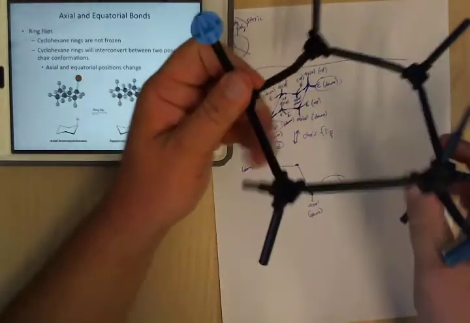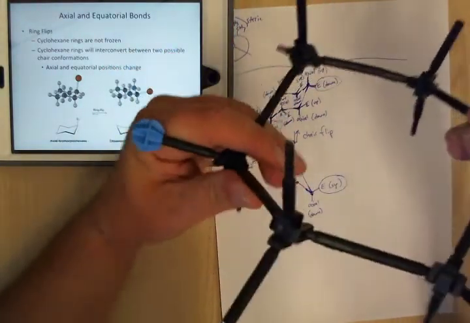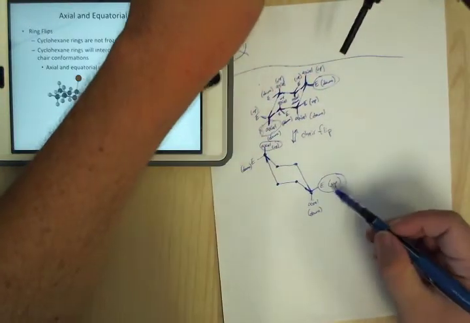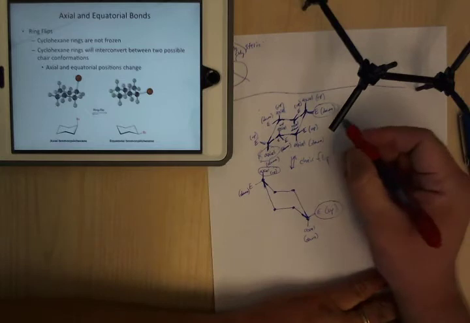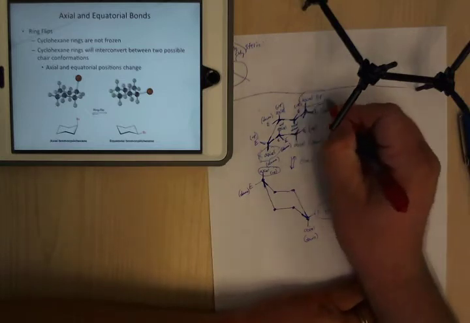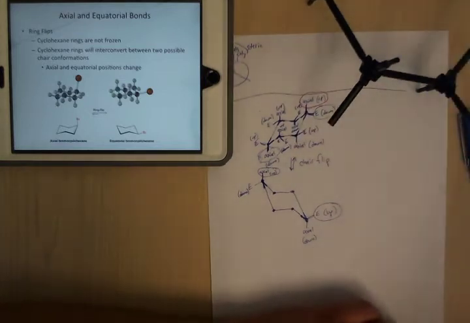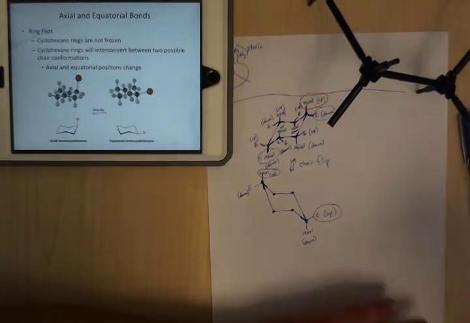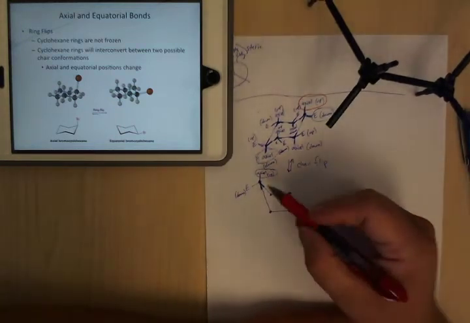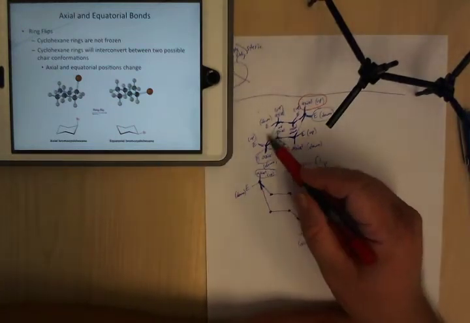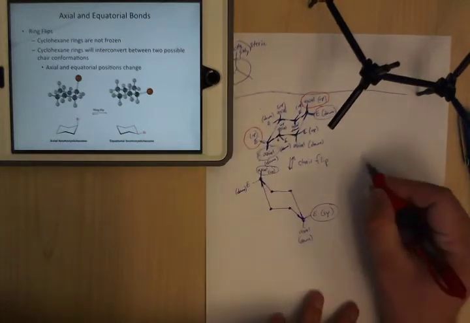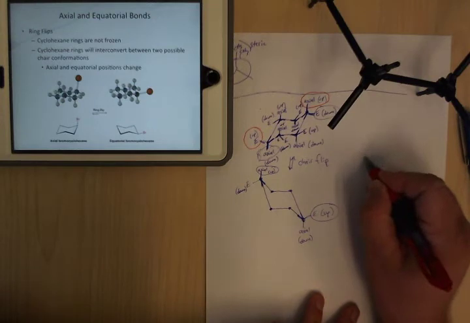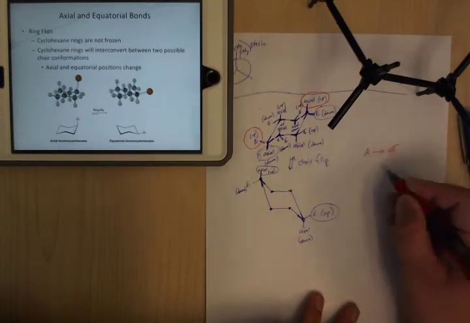That's what we had before. When we do the chair flip, what's happened? Now the up is axial, and the up that was axial isn't axial anymore. Now the up is equatorial. So during a chair flip, axial becomes equatorial, and equatorial becomes axial.